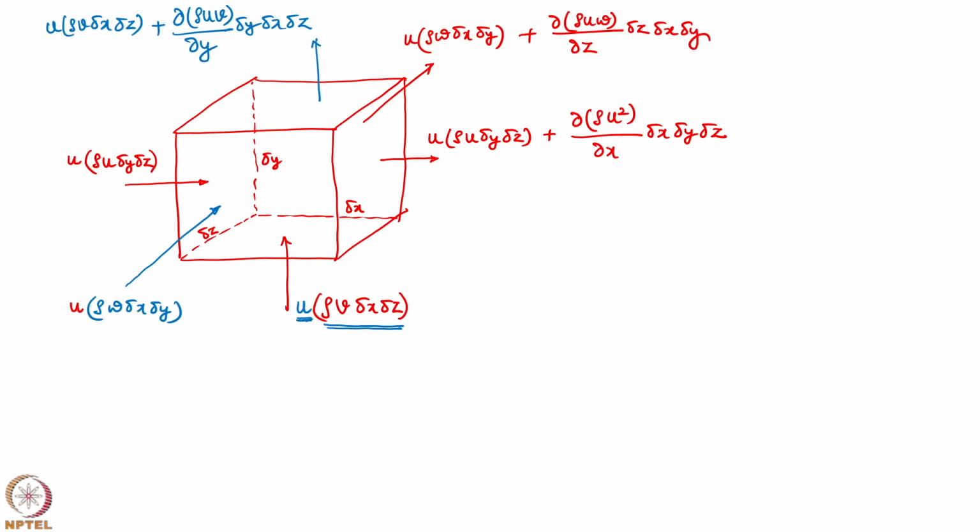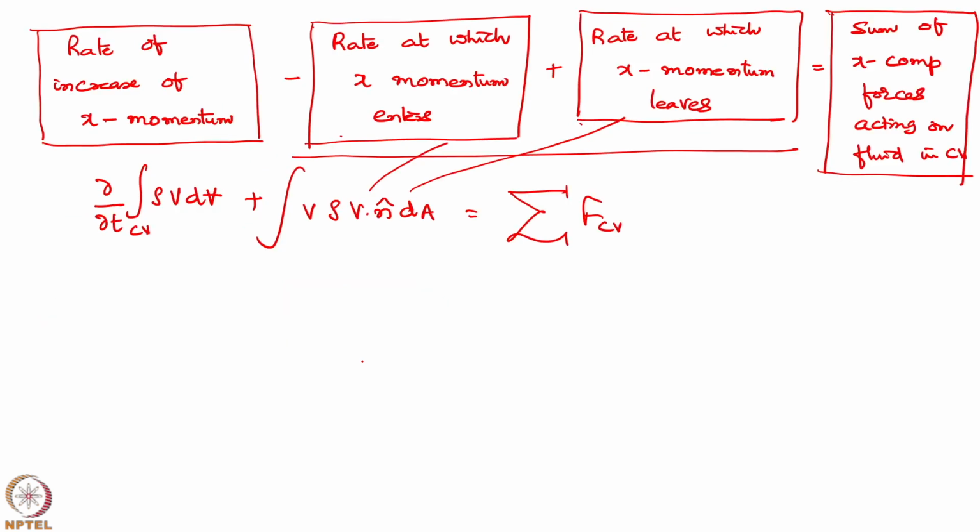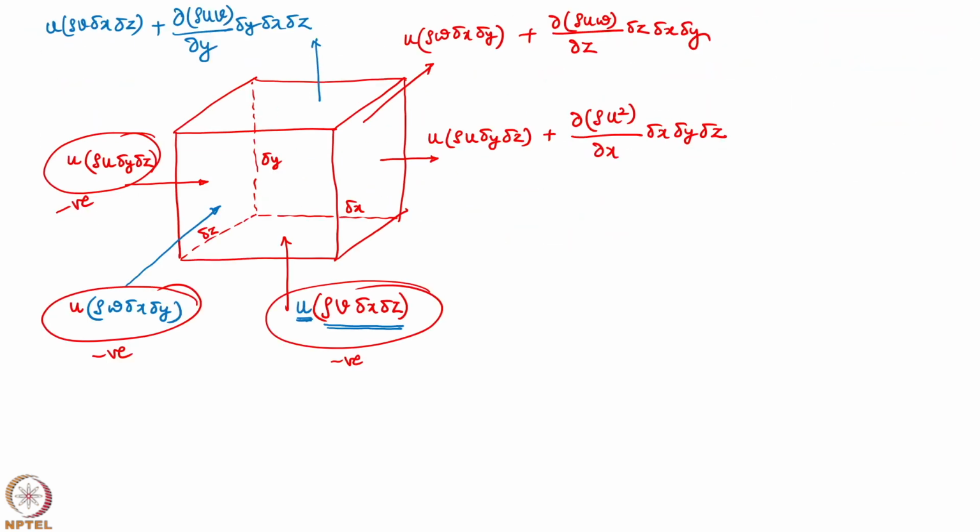Now as you can see, what is entering, these terms are negative, as you can see in the previous equation. The entering term is negative and the getting out term is positive. Then if you do that, this term gets cancelled out, this term gets cancelled out, this term gets cancelled out.